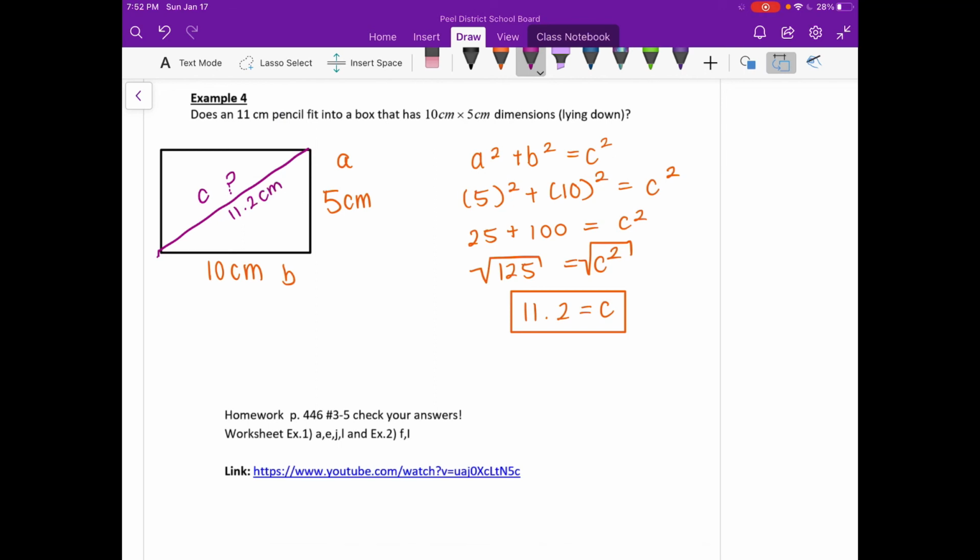My pencil is only 11 centimeters, which means that therefore, yes, you can fit an 11 centimeter pencil into the box diagonally.